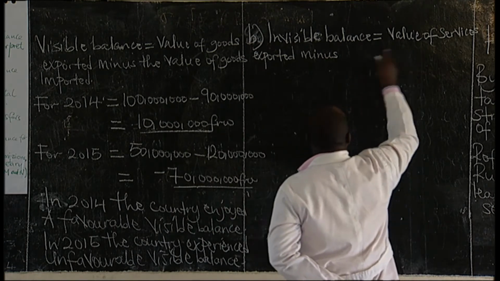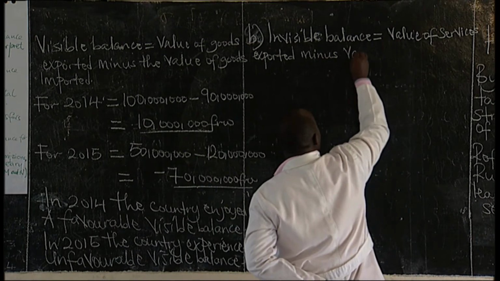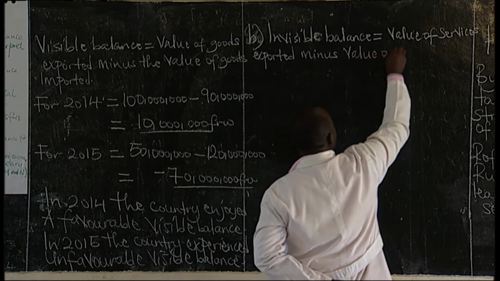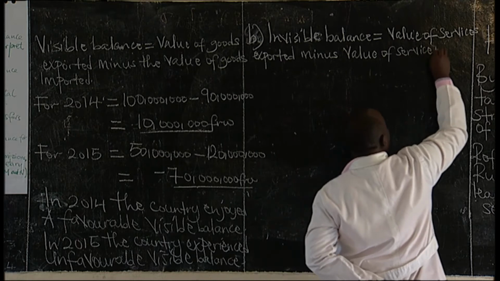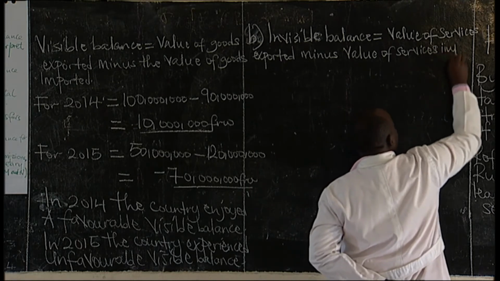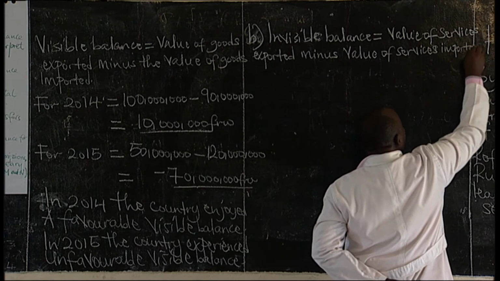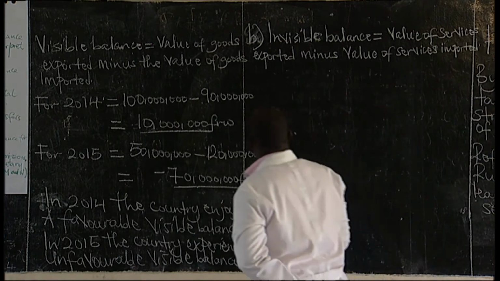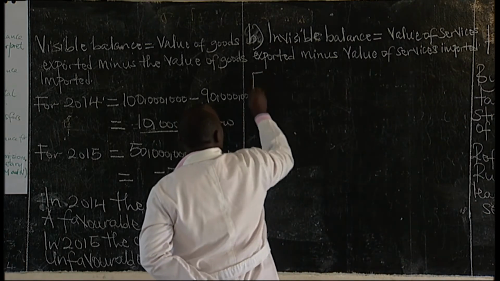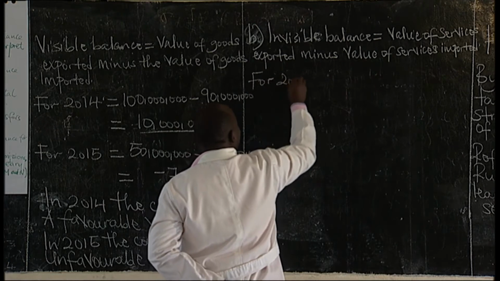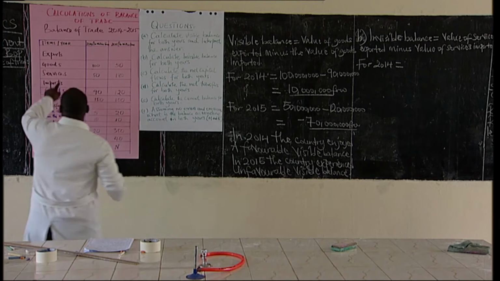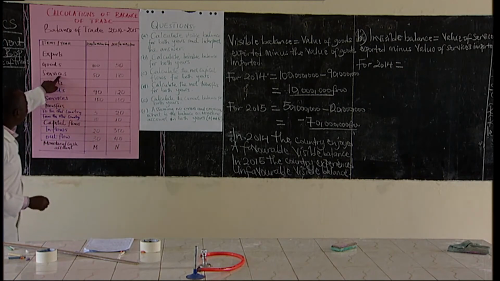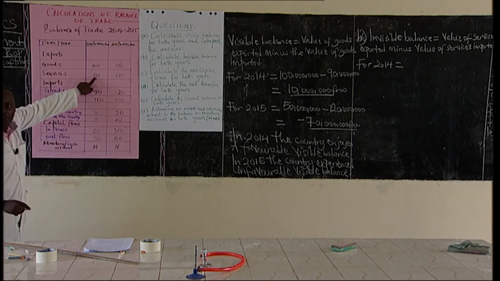Now, value of services exported minus the value of services imported. For 2014, because it is for both years, on services exported it is 50 million in 2015.